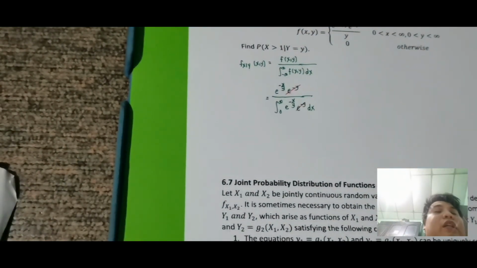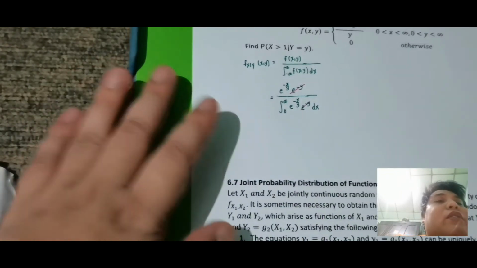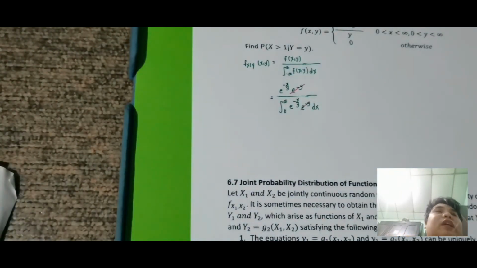So, ano yung integral ng e raised to negative x over y? Actually, lumalabas na constant yung negative 1 over y dyan. Okay, so, ano integral ng e raised to 4x? Kung naalala mo, e raised to 4x is 1 over 4 e raised to 4x pag sa integral.